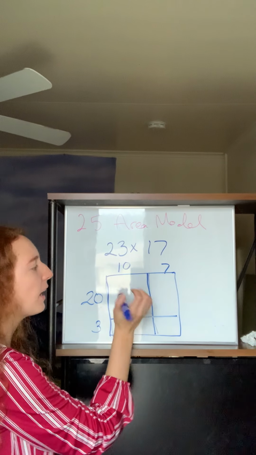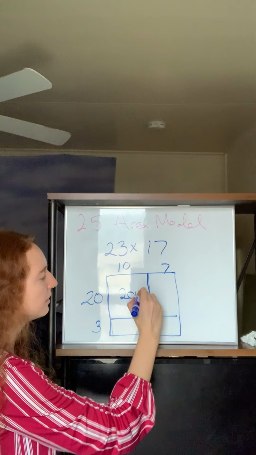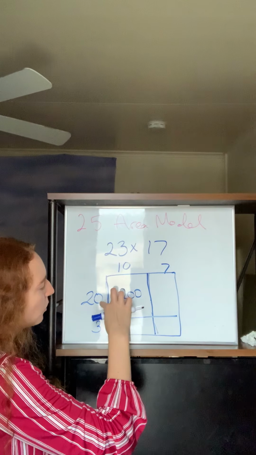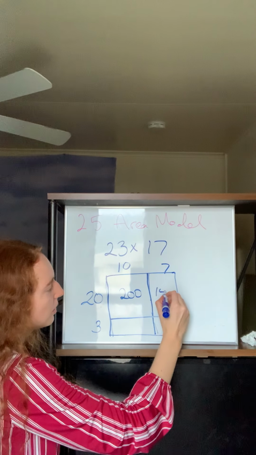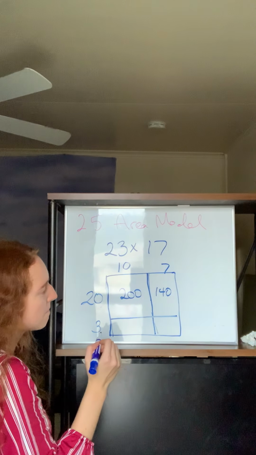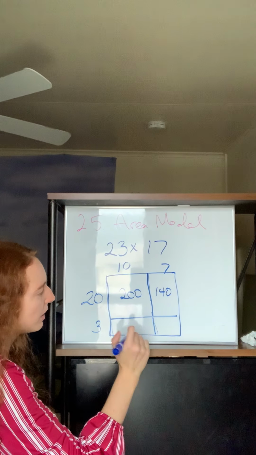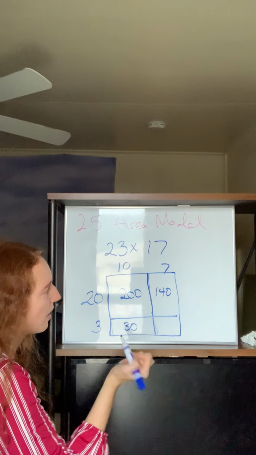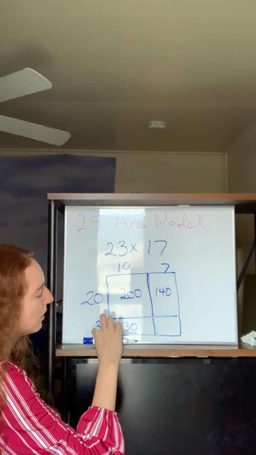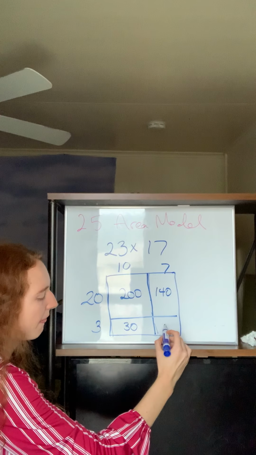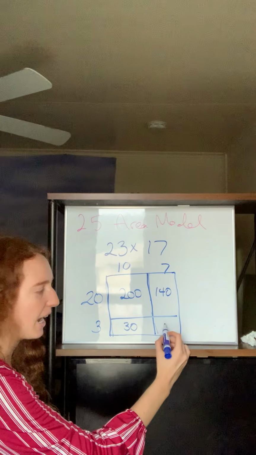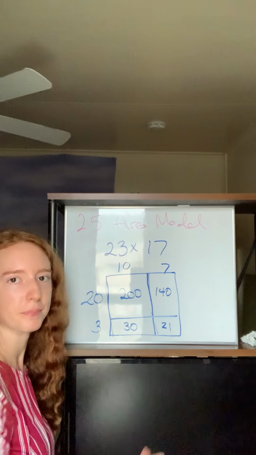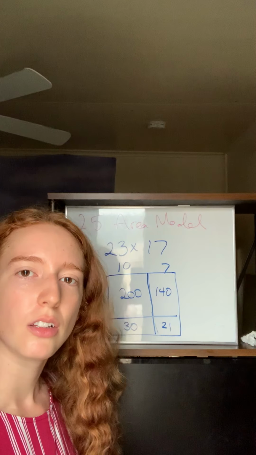So 20 groups of 10 would be 200. 20 groups of 7, that's 140. 10 groups of 3, that's 30. And 7 groups of 3, that is 21.